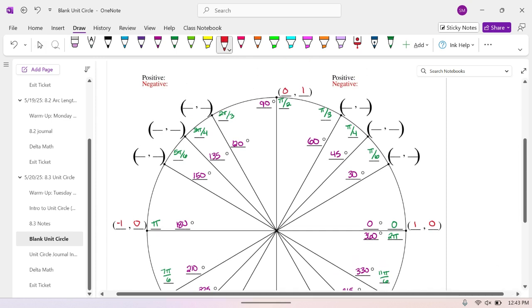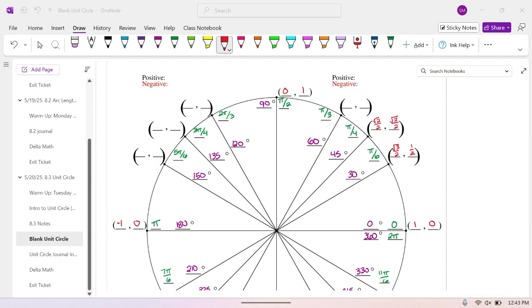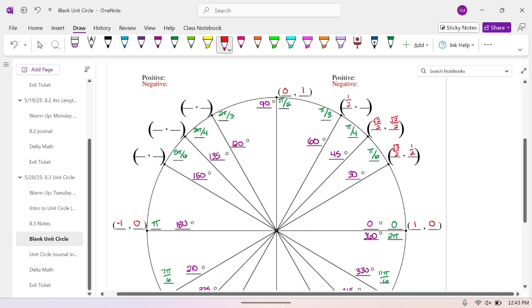Then square root 3 over 2, 1/2. Square root 2 over 2, square root 2 over 2, 1/2, square root 3 over 2.